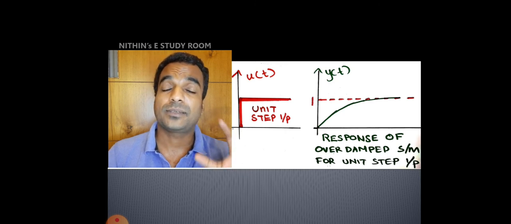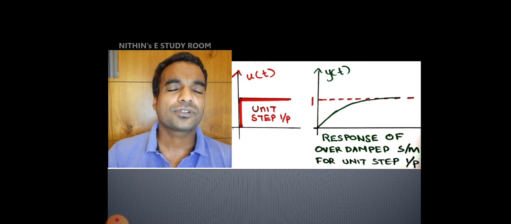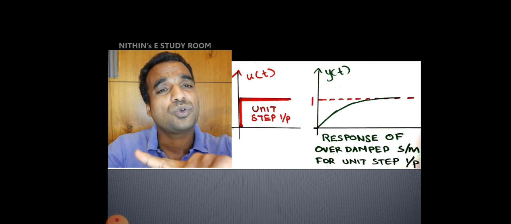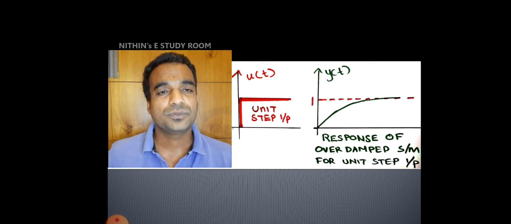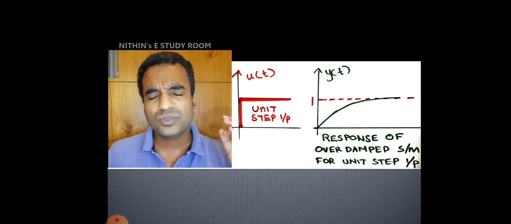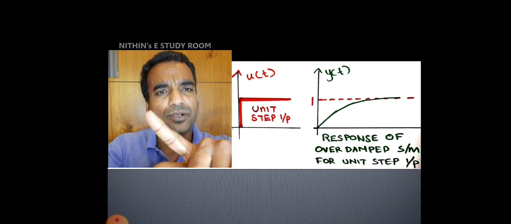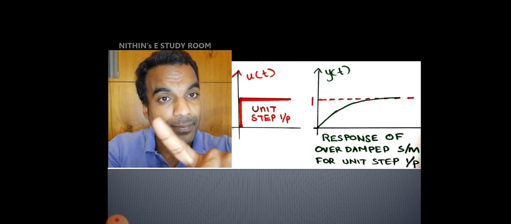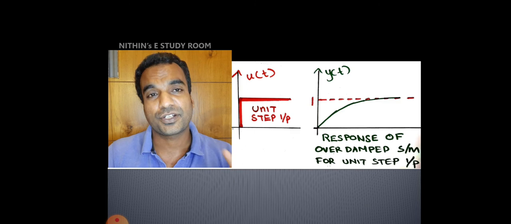If you are providing some high damping or high friction on the spring, it is not easy for the needle to move to the final value very fast. It has to overcome that friction also. So what is the issue? Anyhow the needle will reach 1 because damping is there, but it will take a long time as you are giving high friction, overdamping.